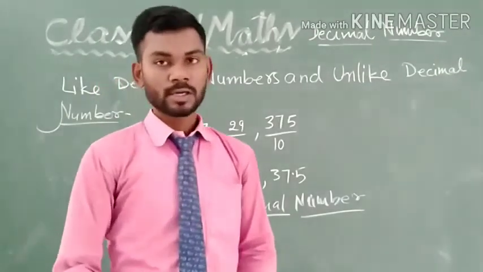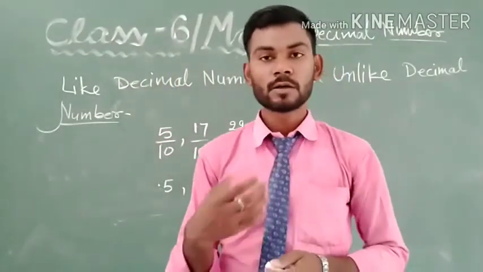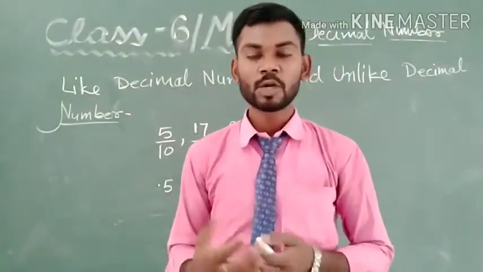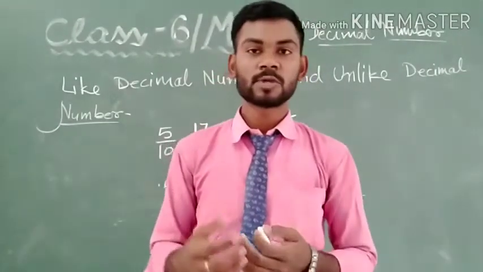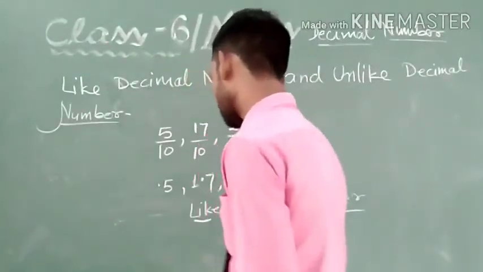Similarly here we can say that the decimal numbers having a different number of digits on the right side of the decimal are known as unlike decimal numbers.